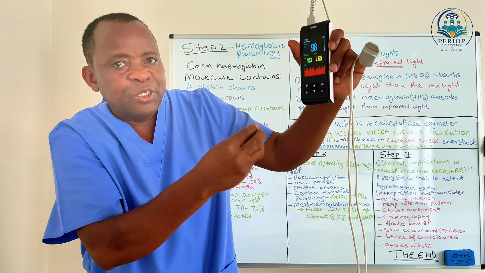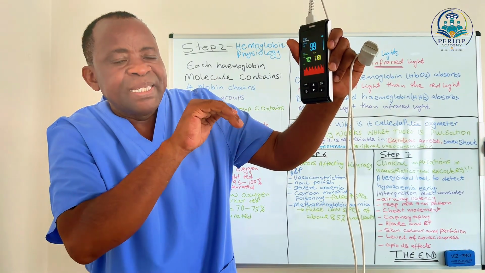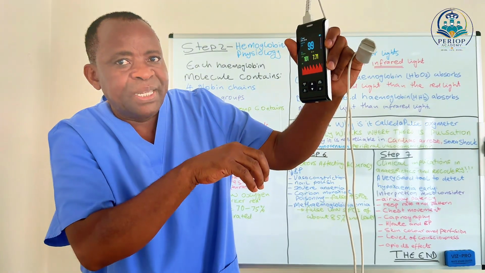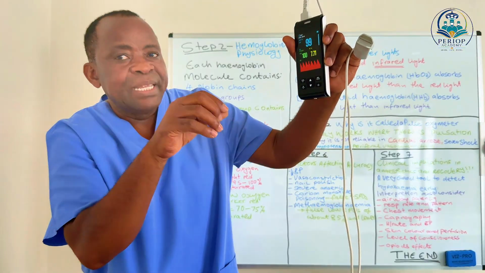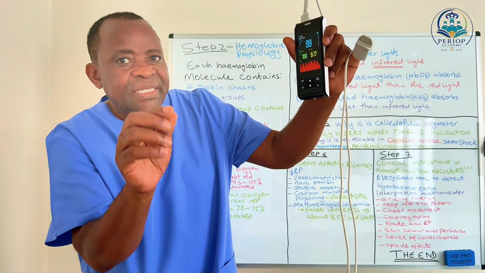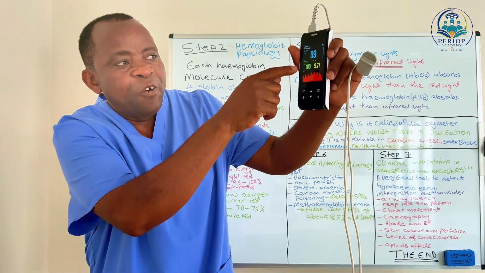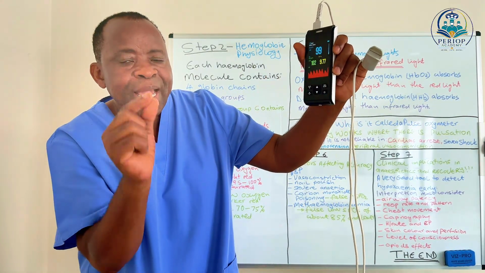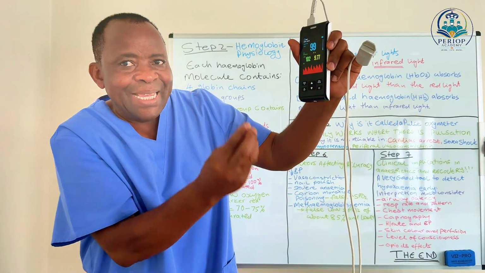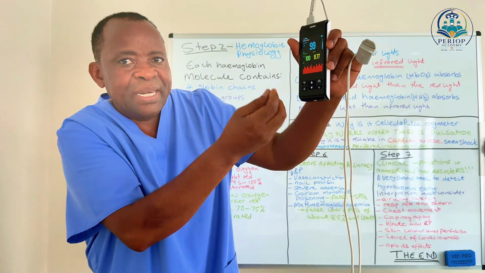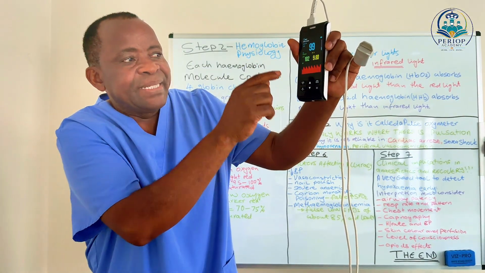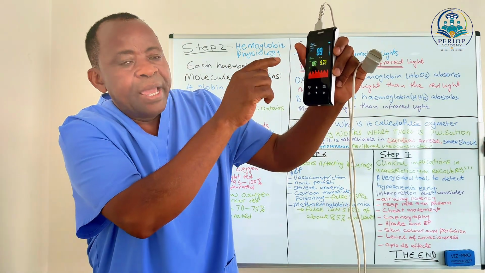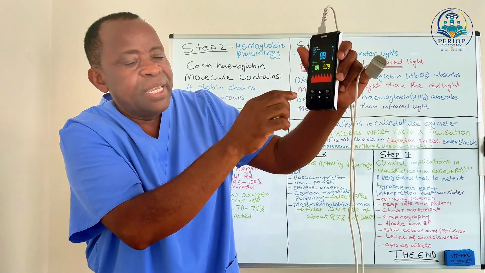And as it works, the light travels through the tissues, and the bigger the blood vessel is, the more the distance the light travels, and the more the absorption it gets, and the more accurate the value of saturation you get. The smaller the blood vessel, the lesser the distance the light penetrates through, and the lesser the accuracy of the figures which you see on there.